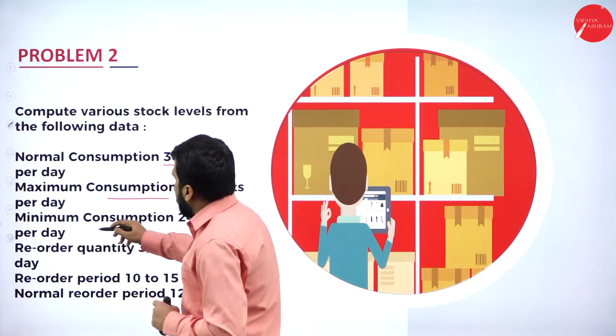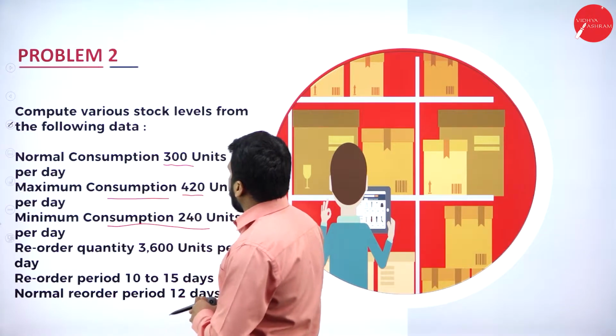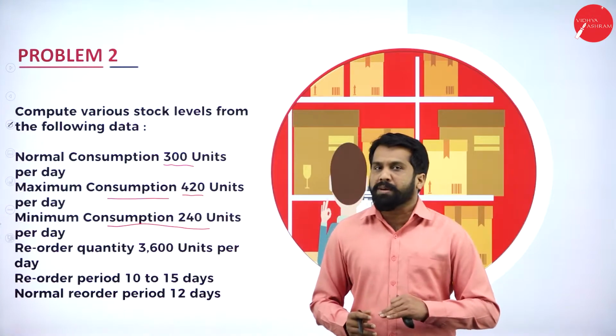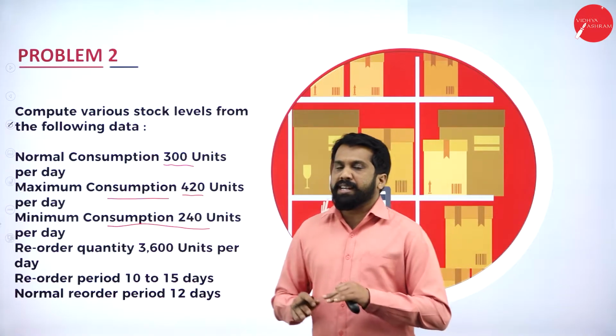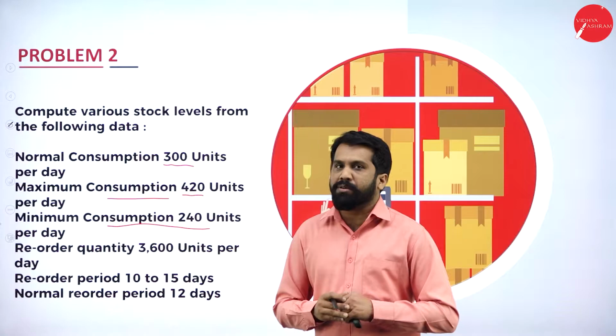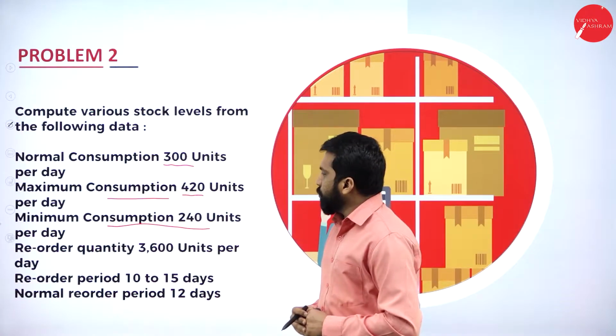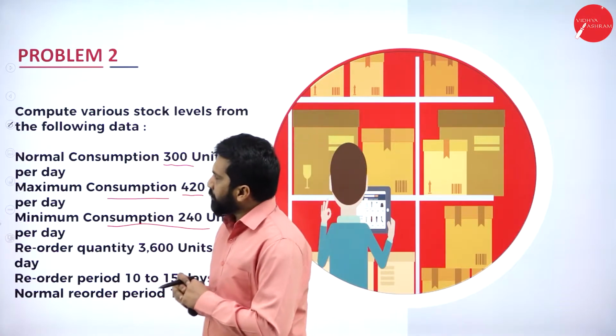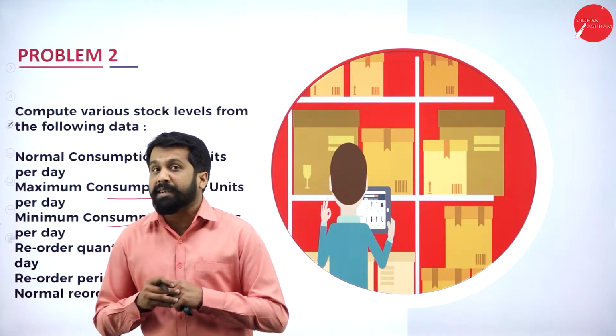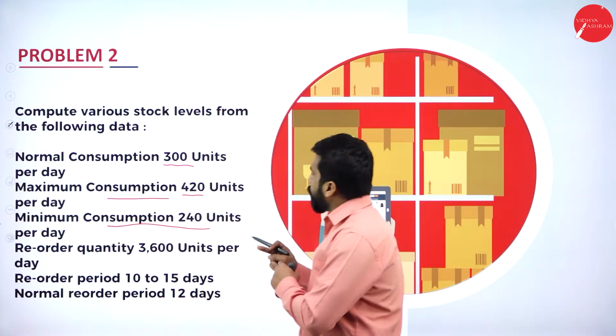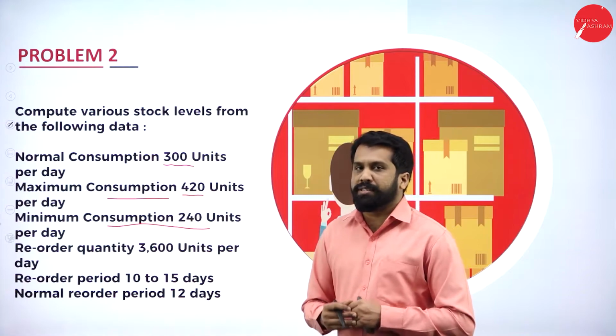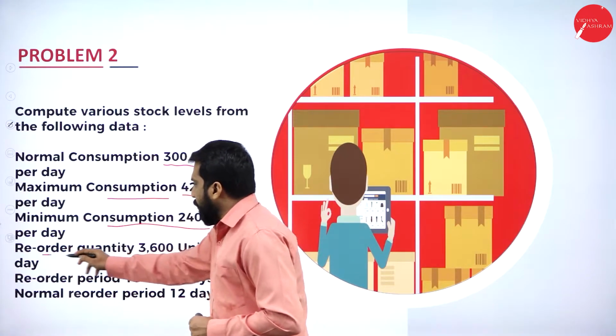Then minimum consumption will be 240. If it is a normal day, it will be 300, and if there is no demand, then it will be 240 units, and in case of maximum consumption, it will be 420 units.